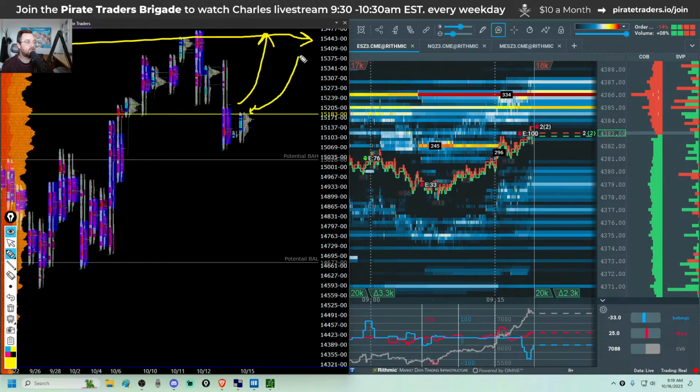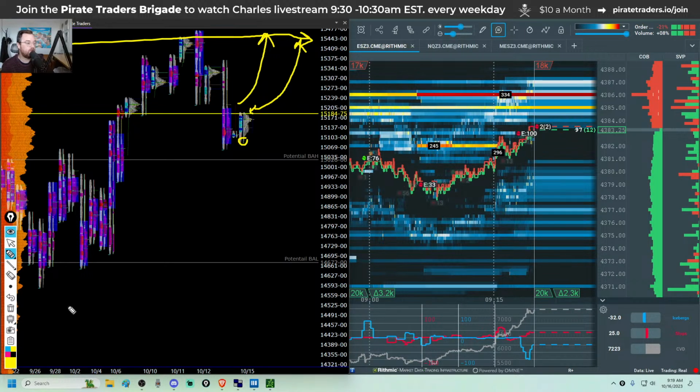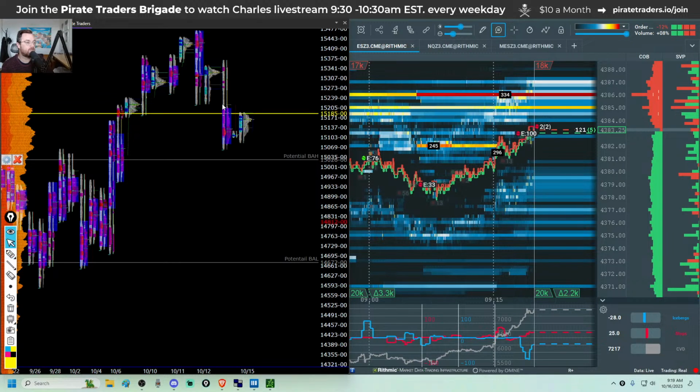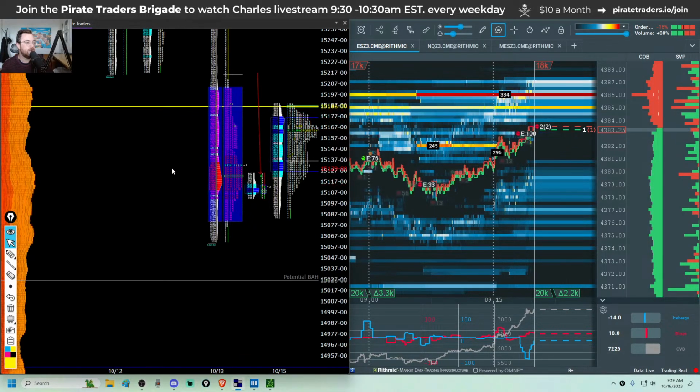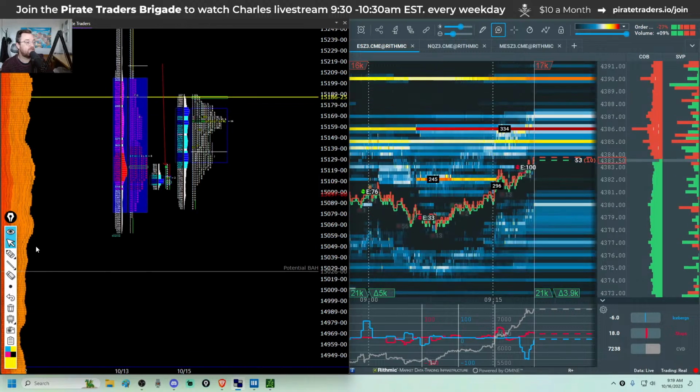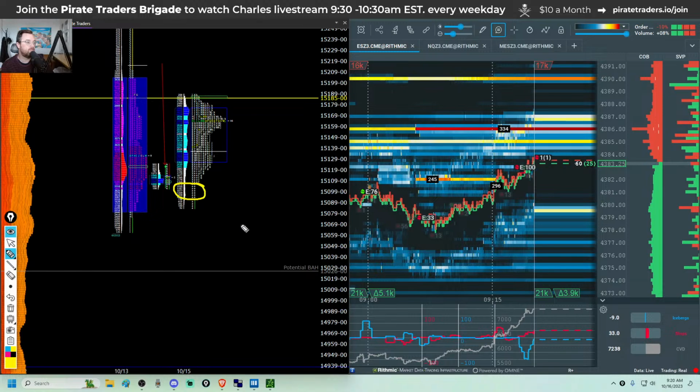If they can do that, the move is to head up higher towards the 15,440s. If they get below the overnight low, I would look at it very differently. It would be a monitor for continuation situation, where first I would ask, can they find resistance right in here around 15,100?